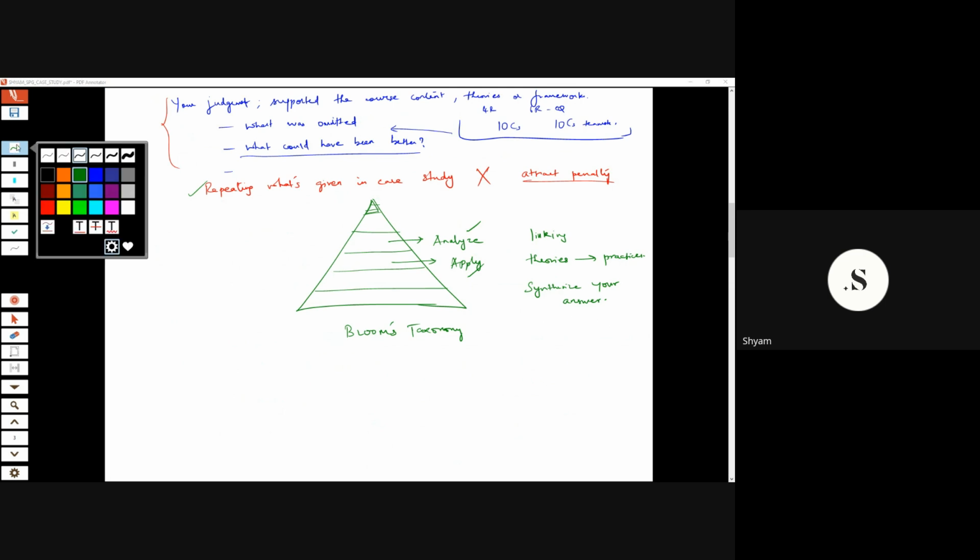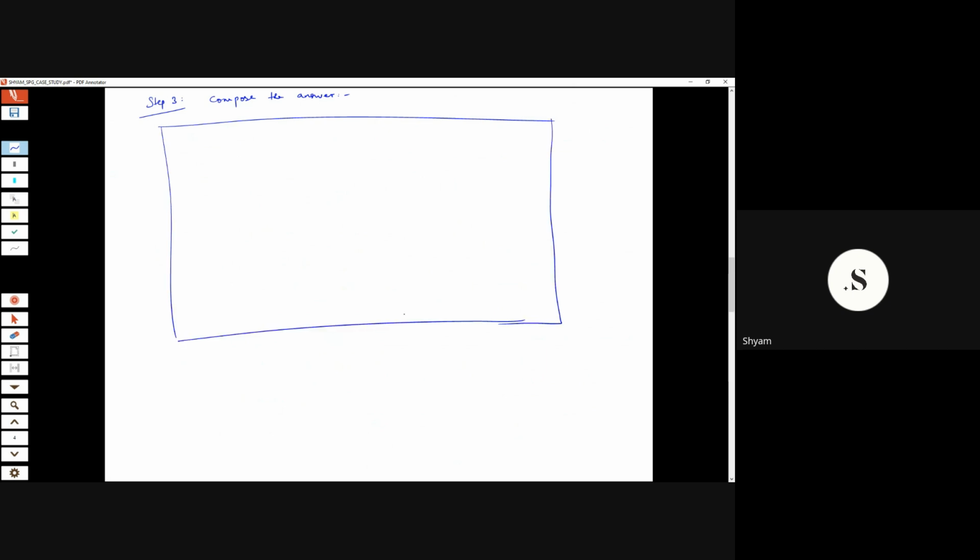This is step 2. Now we move to the third step, which is where you type your answer. The candidate console will look something like this. It will have a text box here. The case will be given.